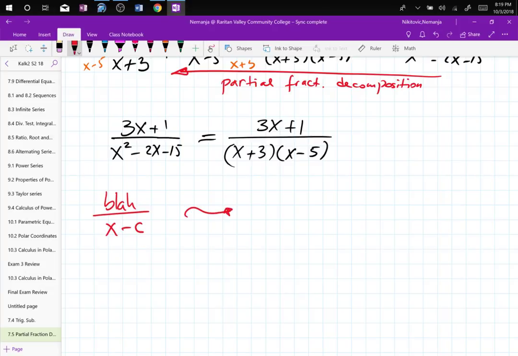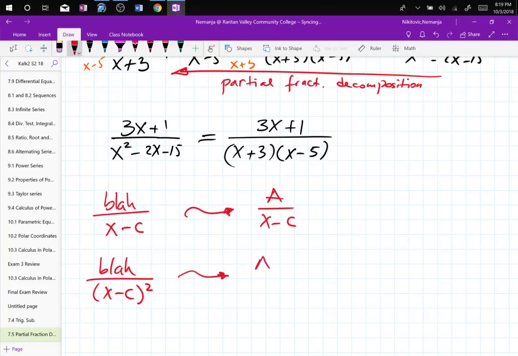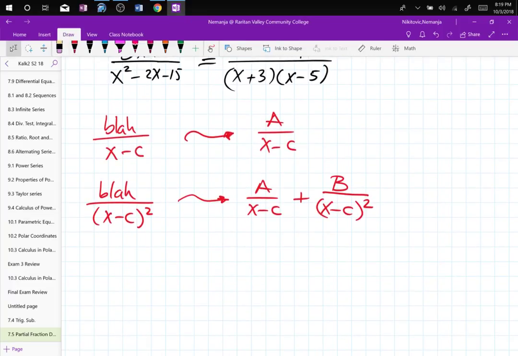And the setup for that is going to be A over x minus c. So that actually works for our problem. Then you have something over x minus c squared. And that will be set up as A over x minus c plus B over x minus c squared. That's a repeated linear term.